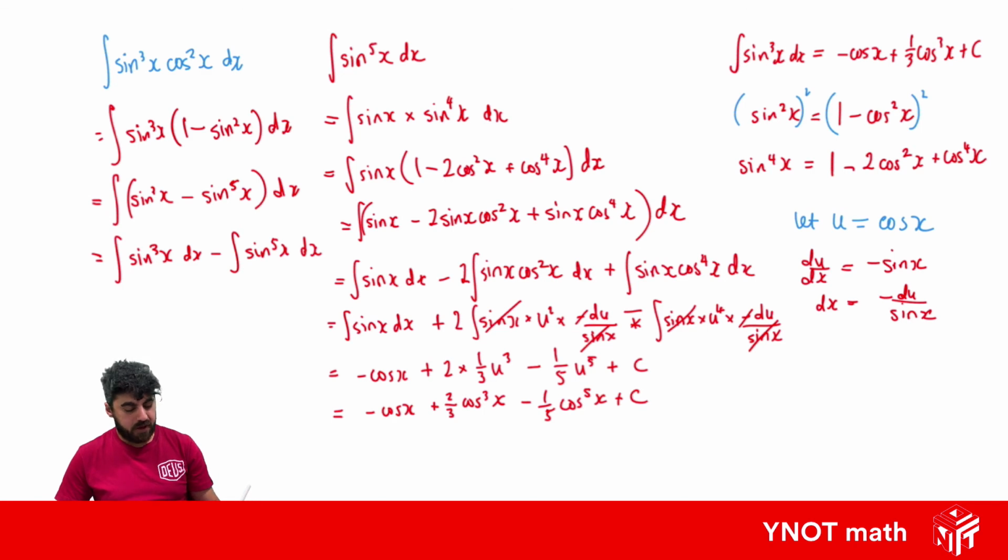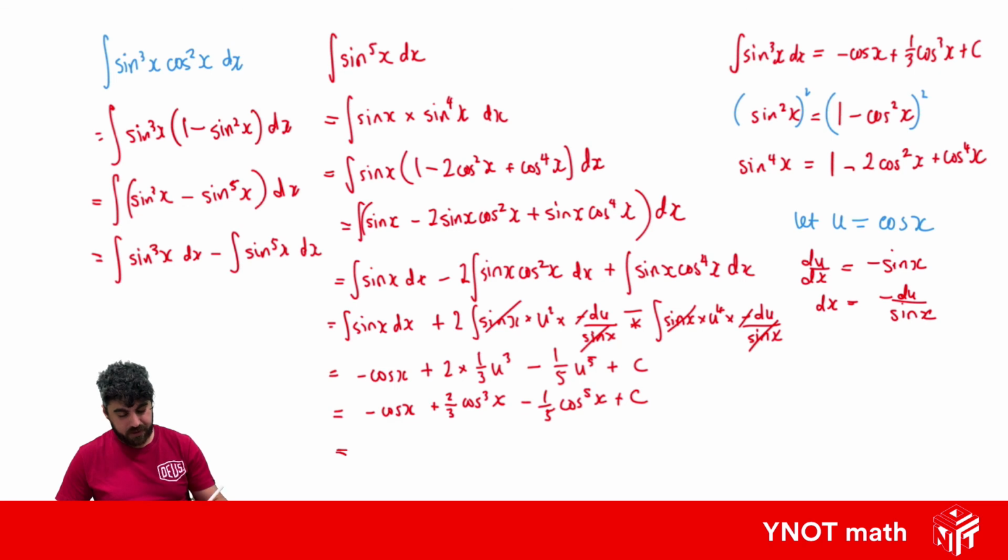But remember, that was just the integral of sine to the 5x. We broke the problem down into the integral of sine cubed x minus sine to the 5x dx. So remember, sine cubed equals all this. So we're going to end up with this minus this as our final answer.